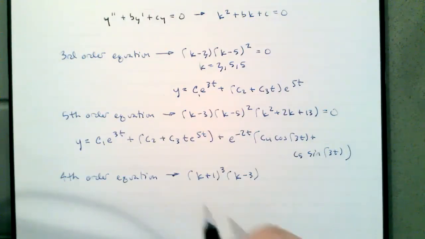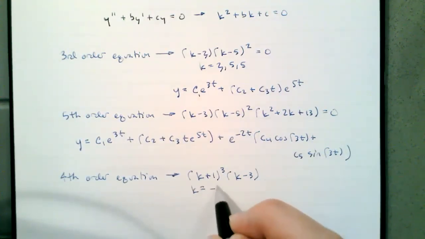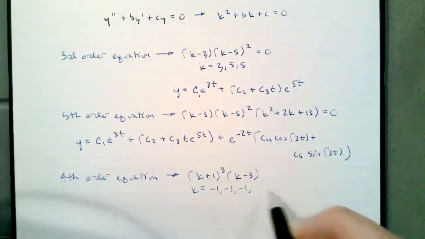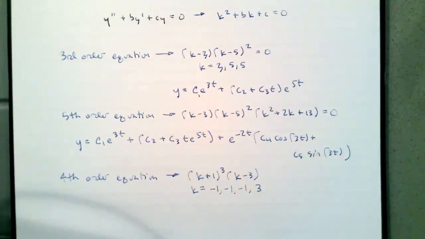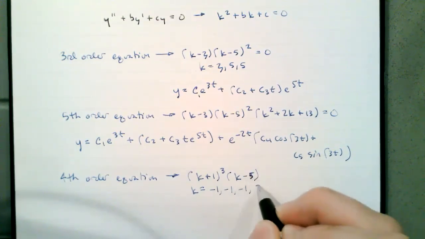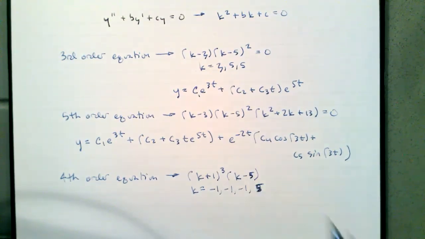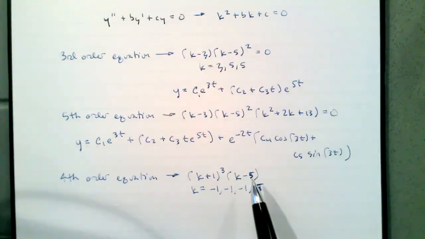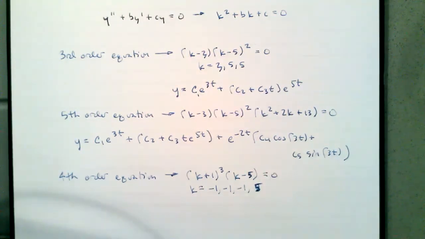So now my solutions are -1, -1, -1, and 3. Because -1 has multiplicity 3. I shouldn't use 3. What the heck, man? Let's make that a 5. -1 has multiplicity 3, and then I have a solution of 5 multiplicity 1.